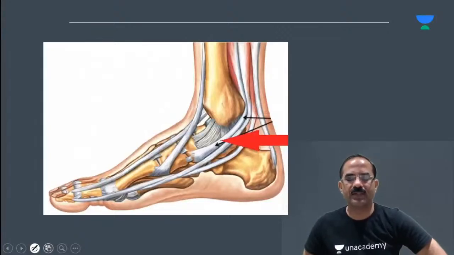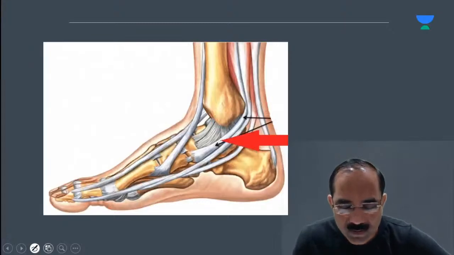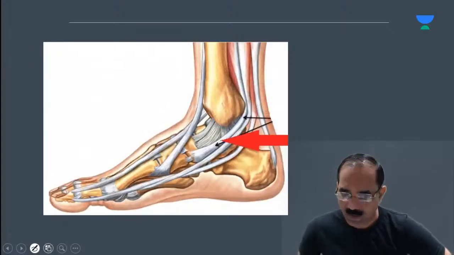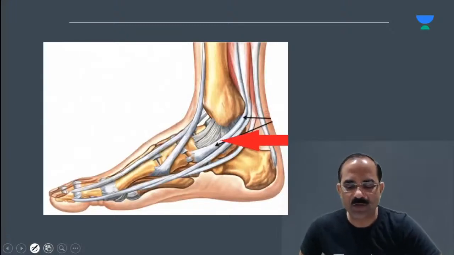Shall I give you 2 minutes? Think and answer. Anu, which compartment is this? Which compartment is this?